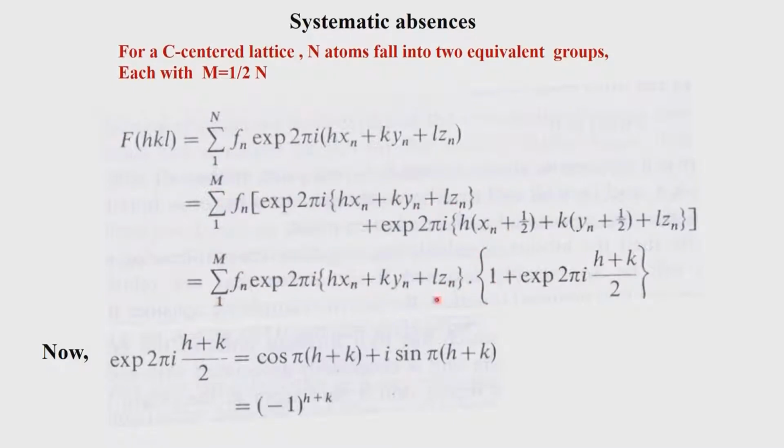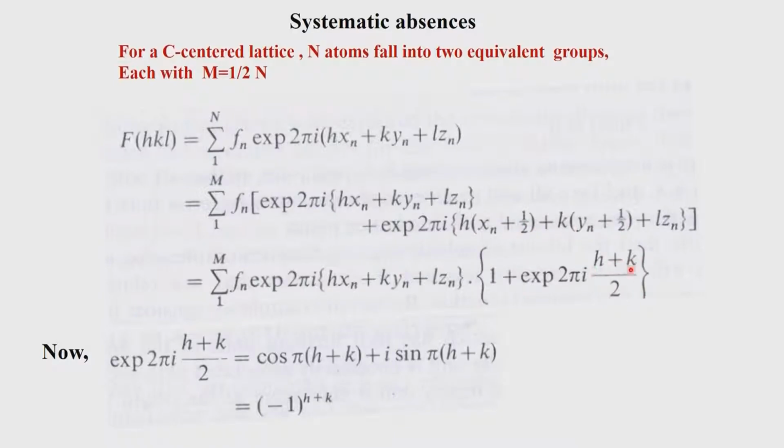Because we have this taken out, it is 1 plus exponential 2 pi i, and what is left in this expression is (h plus k) by 2. So this is the additional half values associated with h and k. So this is exponential 2 pi i (h plus k) by 2.